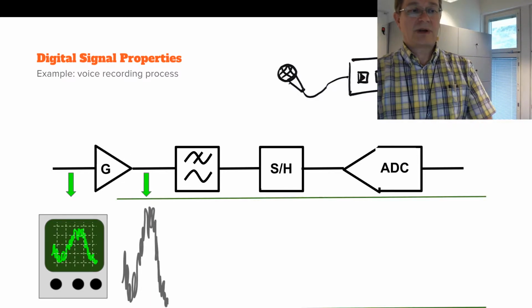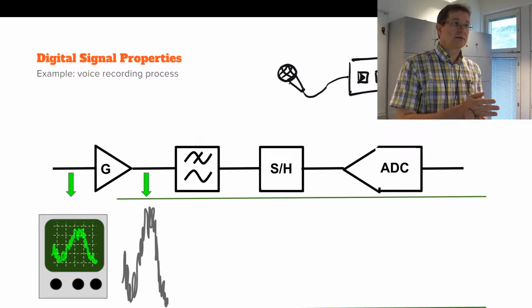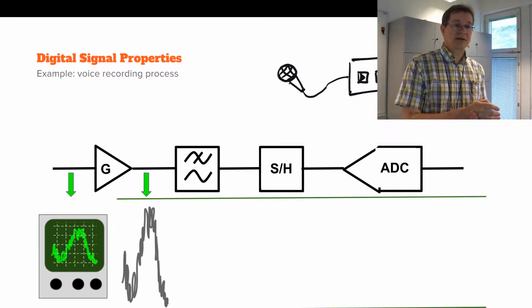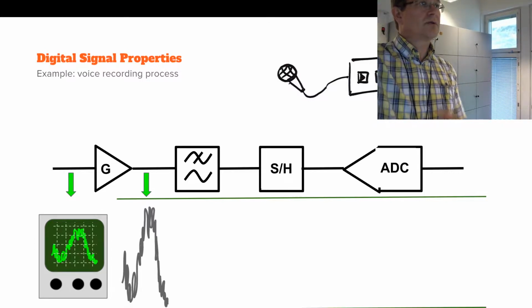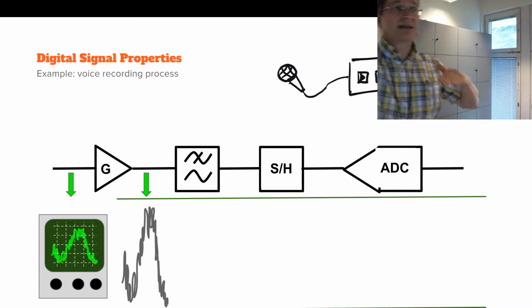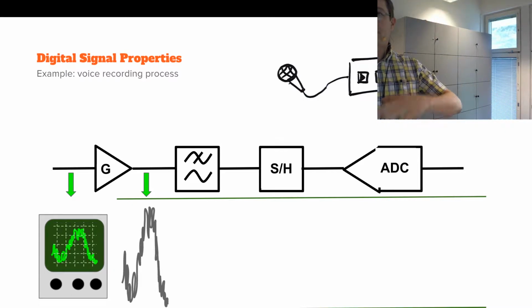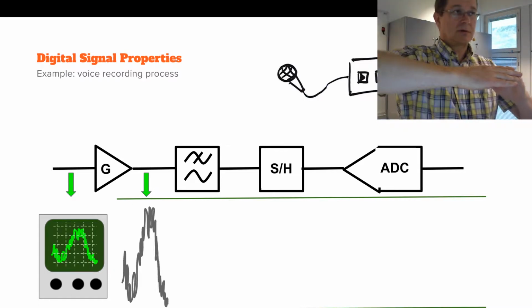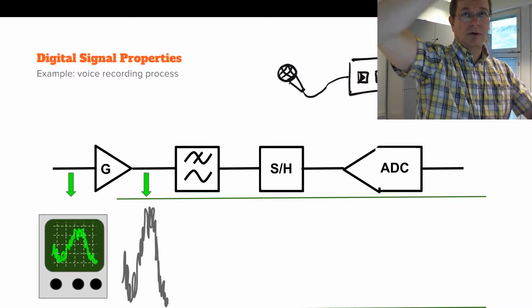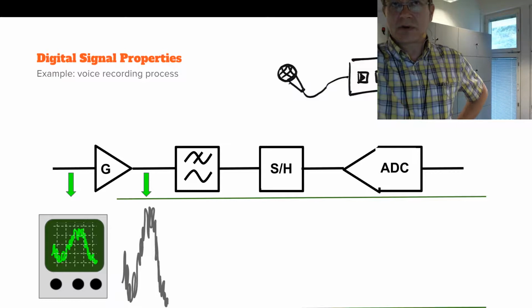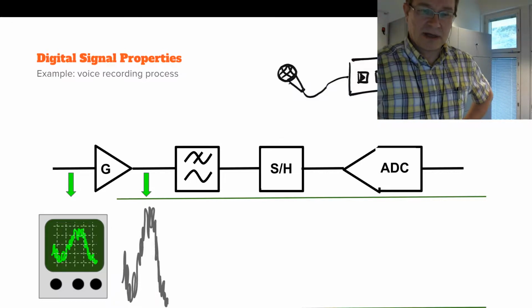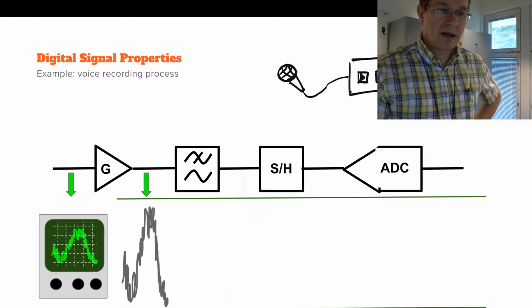So for that reason there's the gain, the amplification of the signal. Try to match the input range of the A to D converter as much as possible without clipping the signal. So as big as possible, to match the A to D conversion range. Otherwise, you are just missing some bits.